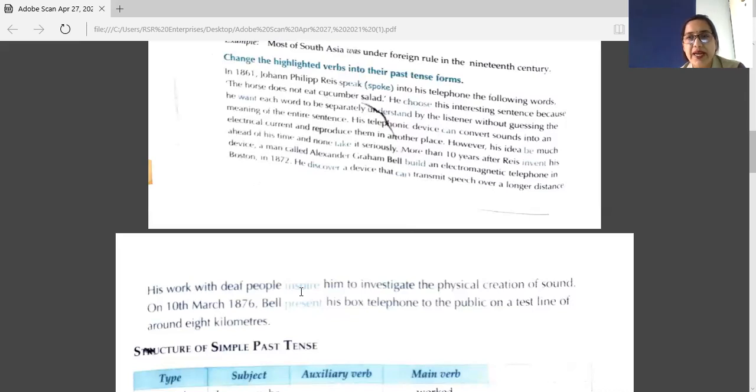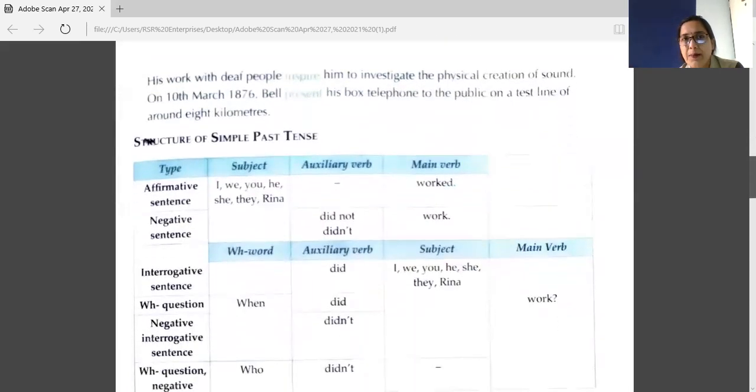So past tense of inspire is inspired him to investigate the physical creation of sound. On 10th March 1876, Bell, word is present, so presented his box telephone to the public on a test line of around 8 kilometers. So that was your exercise where you had to change all the verbs to past tense.